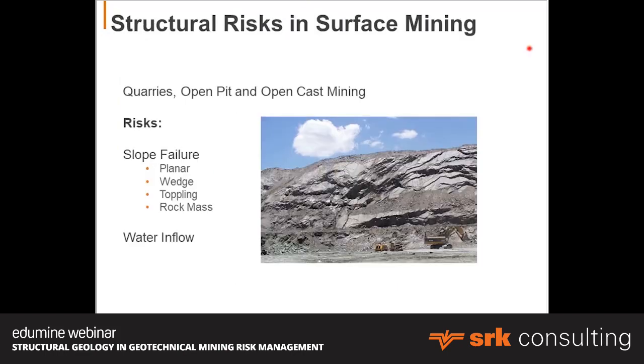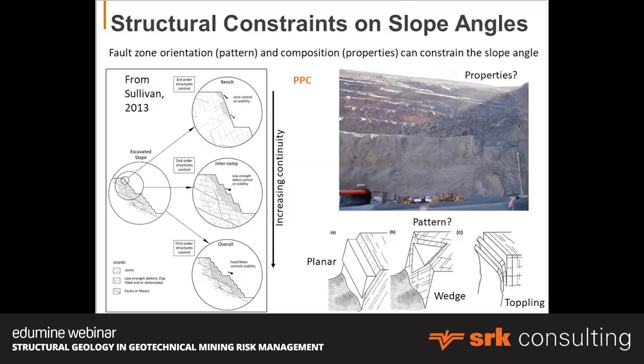So let's talk about structural risks in surface mining. The types of risks are usually slope failure, all right, with a variety of different geometries we'll talk about, and also water inflow is important. Typical failure scenarios we often talk about are the planar, wedge, and toppling failure.